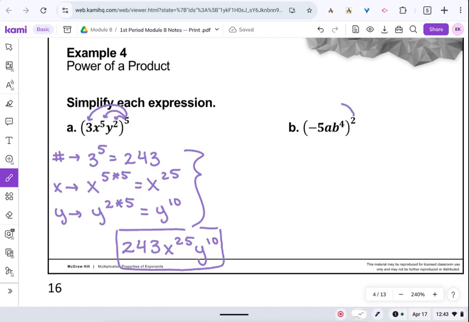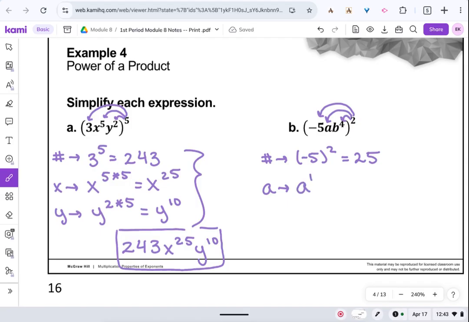Same with letter B. I'm going to take that 2 outside. I'm going to hit the -5. Don't forget about the A and the B. So it needs to hit all 3 parts there. Our number piece is the -5. Put that in parentheses anytime you have a negative base. -5 times -5 is 25. That A term, it doesn't have anything.